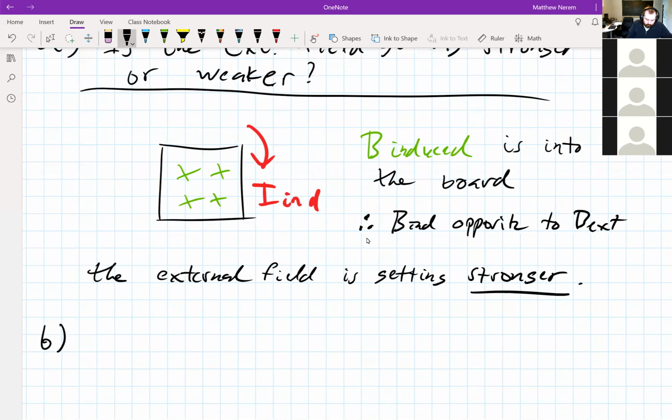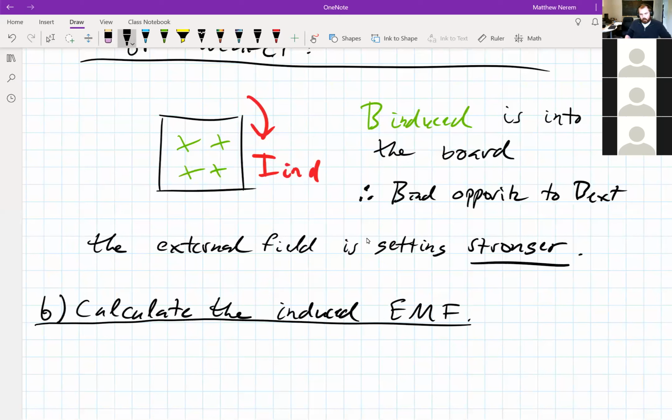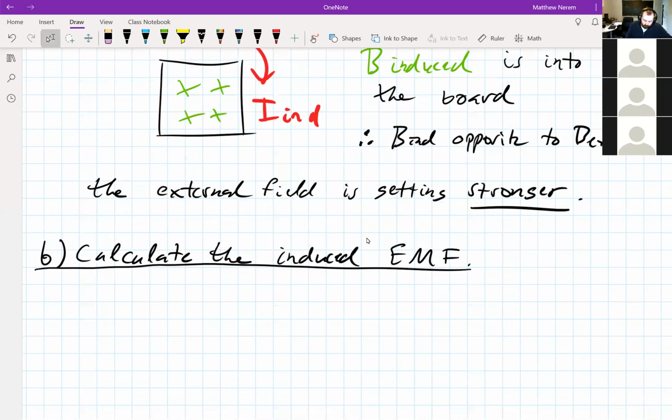Next part. Let's calculate the induced EMF. All right. So we're doing induction stuff. So naturally, let's assume that we can apply Faraday's law.